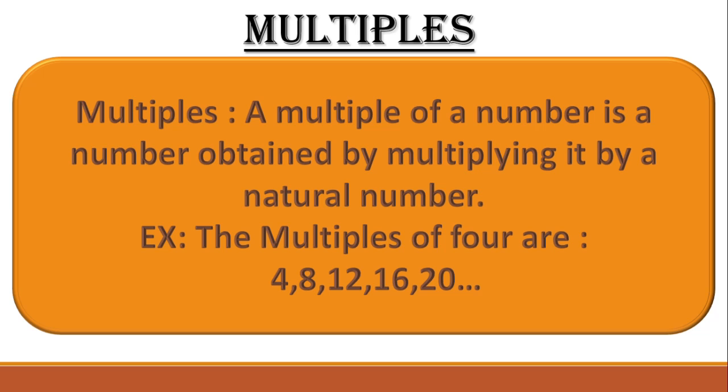So how can we say that? Now if we talk about multiples of 3, let's take multiples of 3. Now 3 into 1 is 3. So 3 is a multiple. Now 3 into 2 is 6. And 3 into 10 is 30.